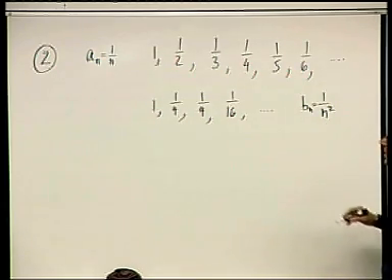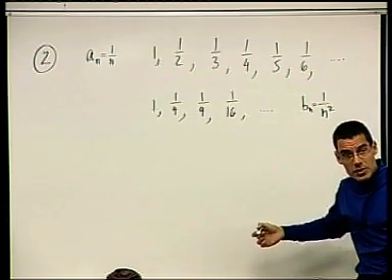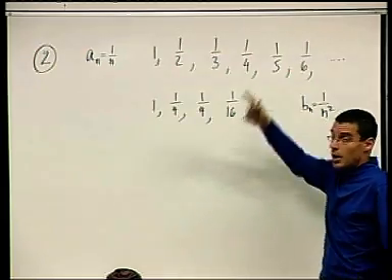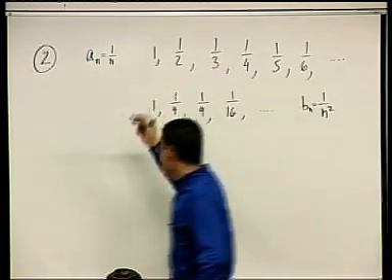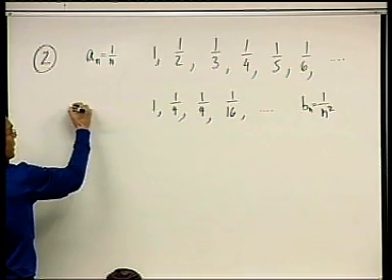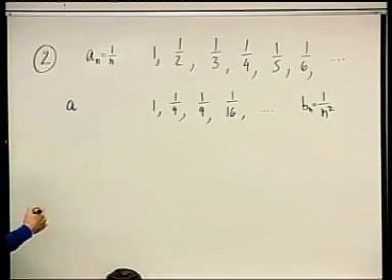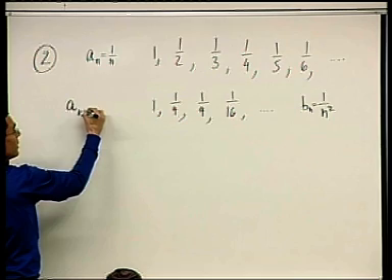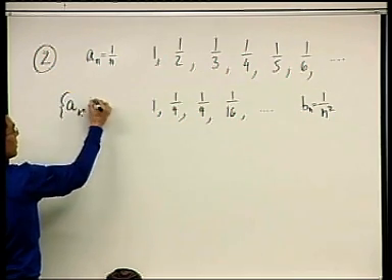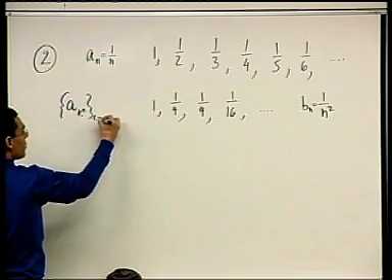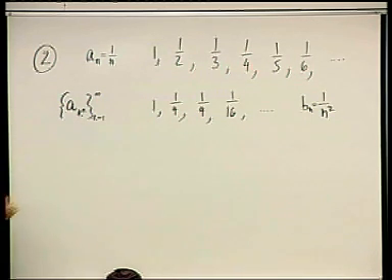Okay? But if I want to emphasize that it's a subsequence of the harmonic sequence, how do I do that? How do I denote it? A k squared, where k goes from 1 to infinity.